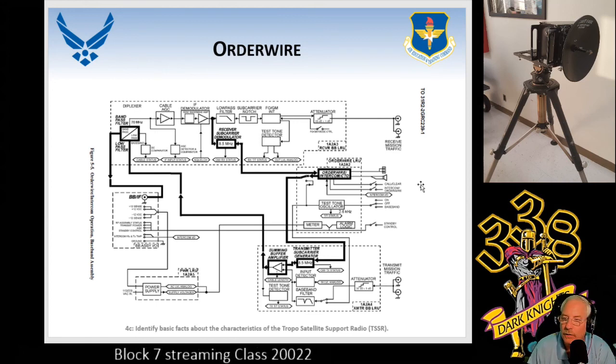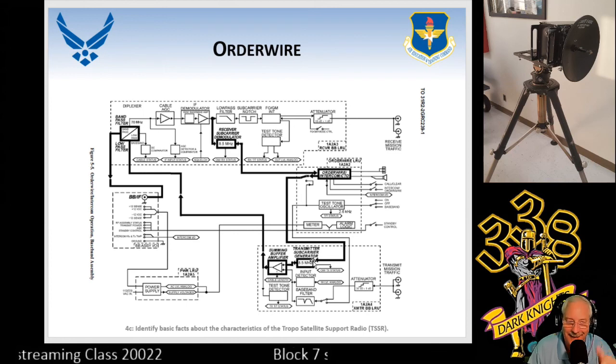So when you are dealing with these two, it's going to come through this bold line. You're going to see this transmitter subcarrier generator right here. You'll see it's at 8.5 megahertz. This is where you put your order wire.